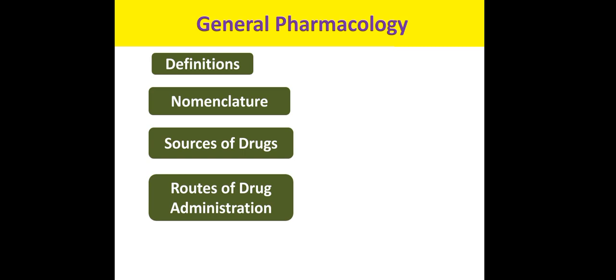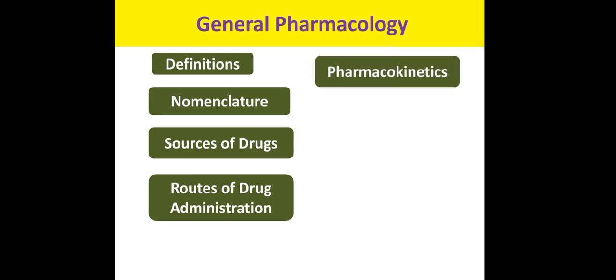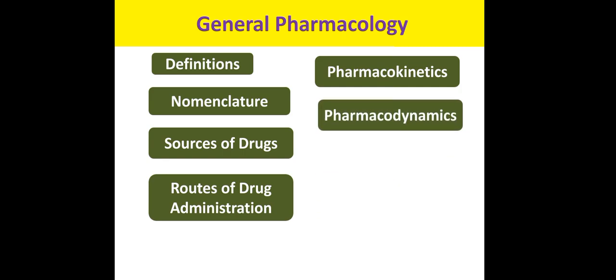Even if you don't know anything, just think of the two components that come in second MBBS pharmacology: what the body does to the drug, and what the drug does to the body. What the body does to the drug is pharmacokinetics, and what the drug does to the body is pharmacodynamics.